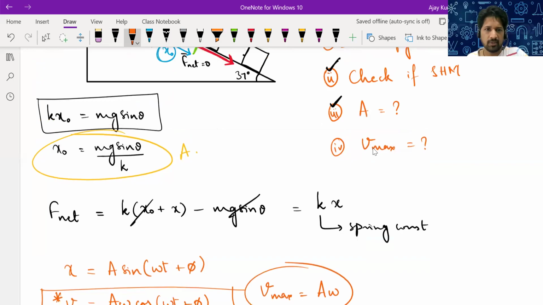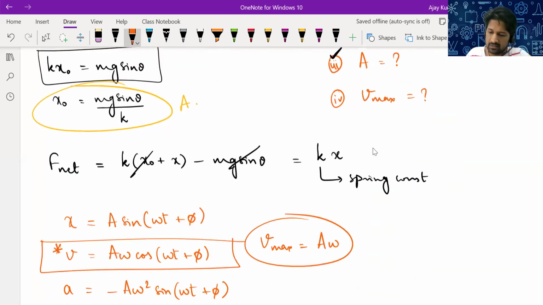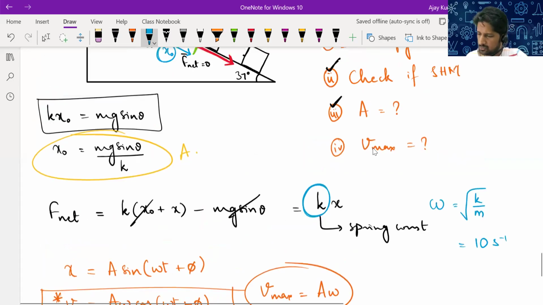Now we already know the amplitude: mg sin θ by k. And how to get ω for this system? We have determined that the force constant is the spring constant itself. We know k and we know the mass of the block. So ω of this system is the square root of k by m, which is 10, because k is 200 and m is 2 kg. So ω is 10.